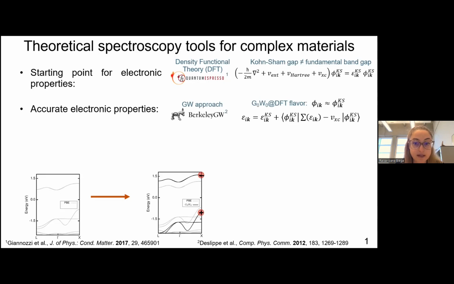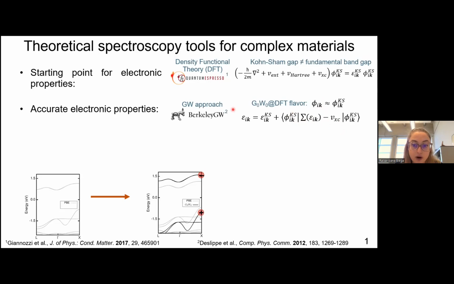Then the next step is to do GW. That's an approach that is well known to give rise to more accurate band gaps and electronic properties. What I do in practice is basically to get the eigenenergy that I get from DFT, and then to correct it with this term, basically this term that contains the self energy and the exchange correlation potential.